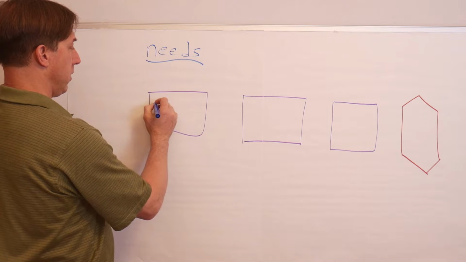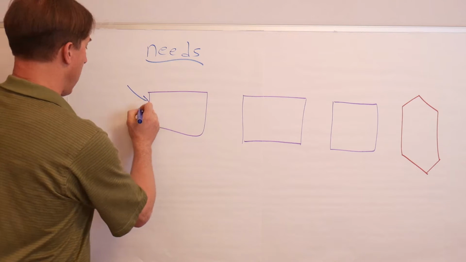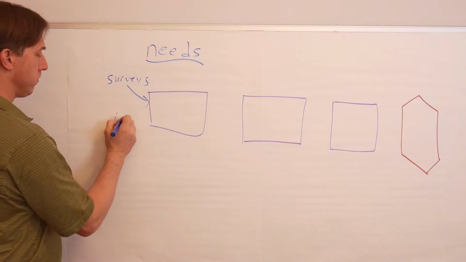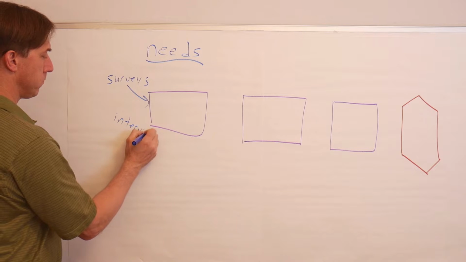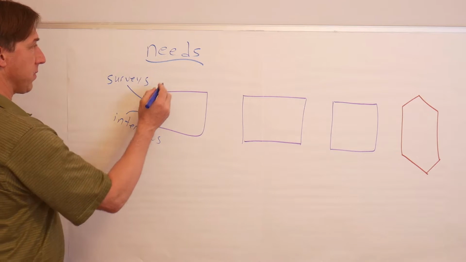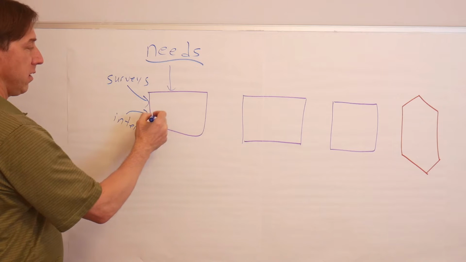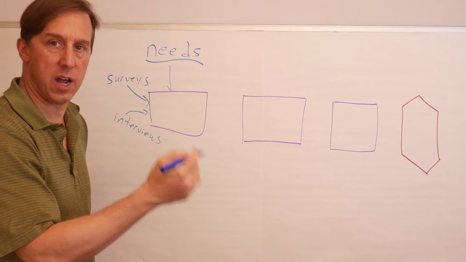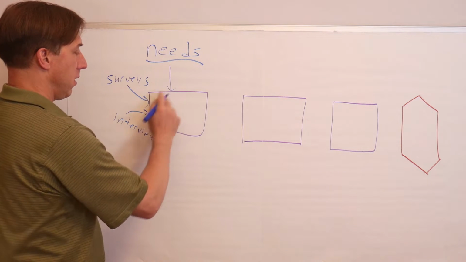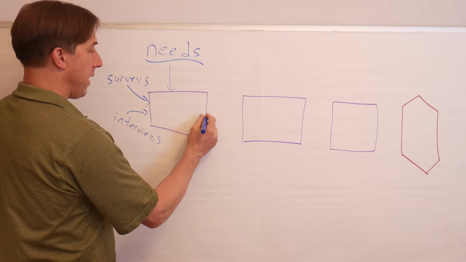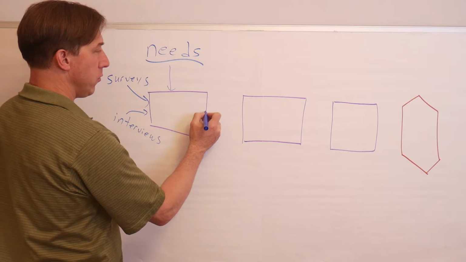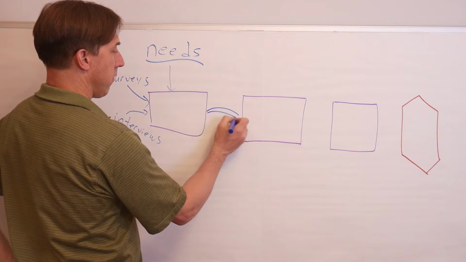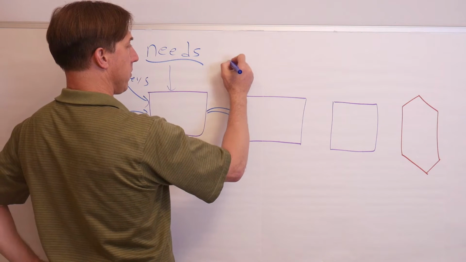Okay, so now the needs can come from, again, these surveys, interviews, sometimes the customer itself. So you've got this collection in here of needs, concepts of operations in this box here. Then you take the needs, you can go to requirements. Okay, so if you go over here, now you've got requirements.